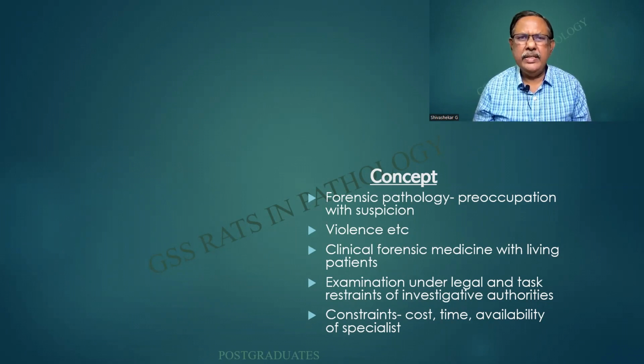If you can answer these questions pertaining to that topic, then you are a master of that particular topic. Now, in this case, we find that forensic methodology is filled with suspicion. There is a preoccupation or a prejudice in the pathologist's mind, for example, something related to violence, etc.